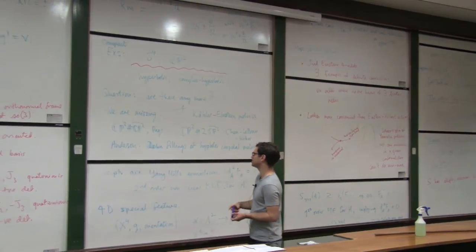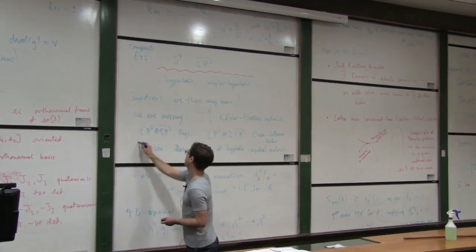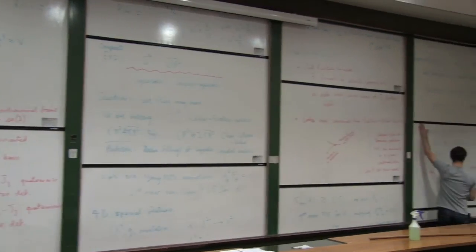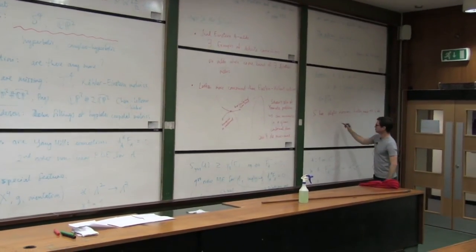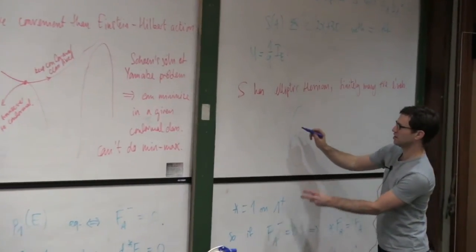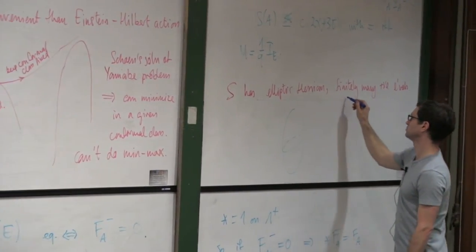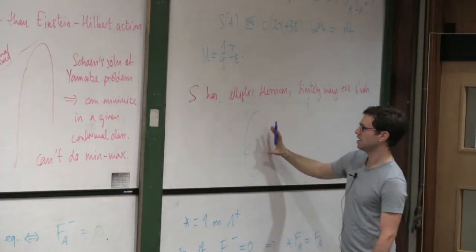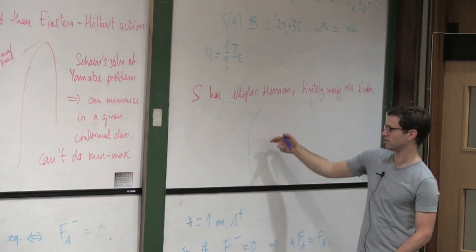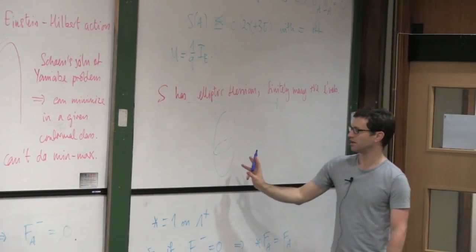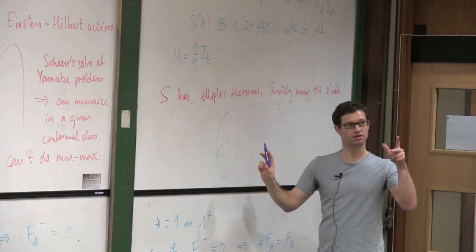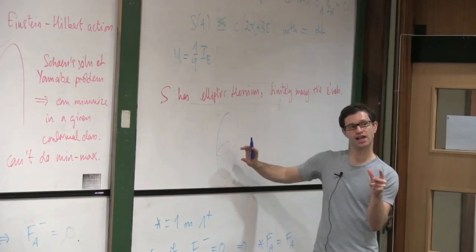Okay, maybe the easiest one to talk about is the Page metric. So let me draw the Page metric. You start with a 3-dimensional sphere and cross an interval like this to make a 4-manifold. And as the sphere moves along, you change, I mean, there's an invariant framing of the tangent bundle of the 3-sphere given by just 3 different covectors, and you just change their lengths as you move along.